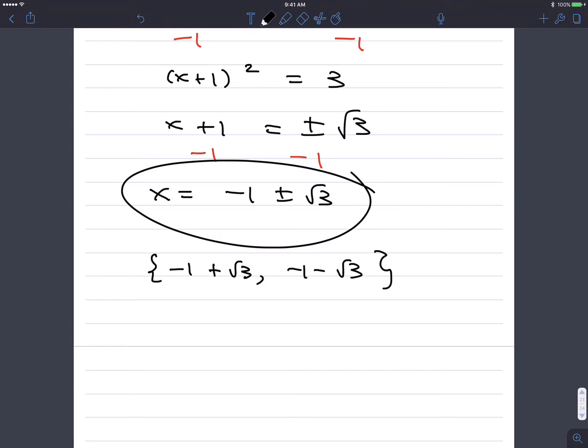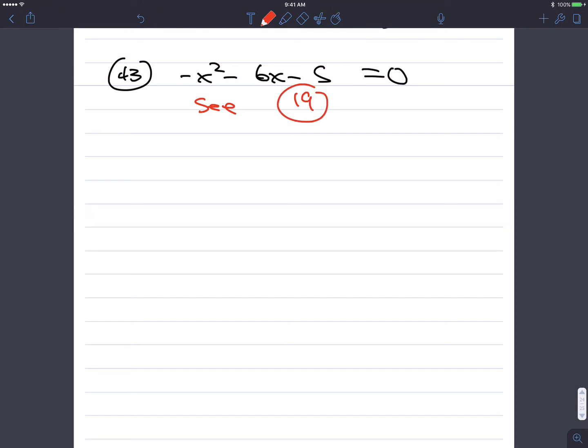Let's double check. Yeah, let's do 43. And 43 is negative x squared minus 6x minus 5 is 0. Now, this number 43, see number 19. So I'll say C19. We've completed the square here. So 19, I can go back on my computer.